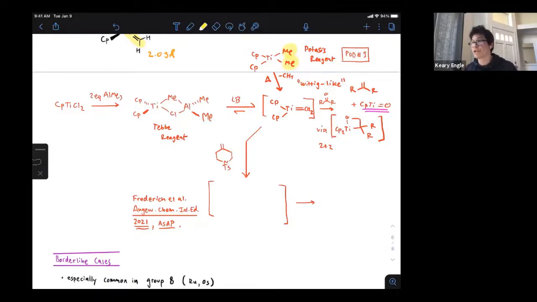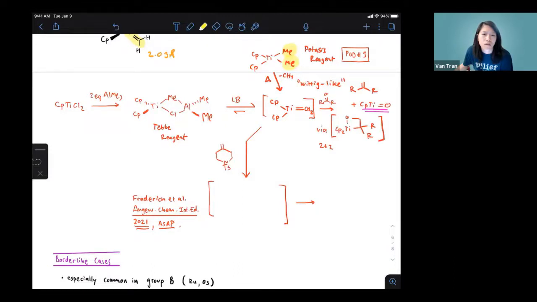It could be loss of HCl, for example, that could be assisted by the Bronsted base, or could be non-assisted if it's in THF. Yeah, I don't think you need loss of HCl because this methyl here is like CH2. Is it CH3 already? Oh, I see. Because of the other H. Yeah, I know this reaction definitely doesn't work without the Lewis base. Yeah, I think what you said in the beginning is right, Kiri.